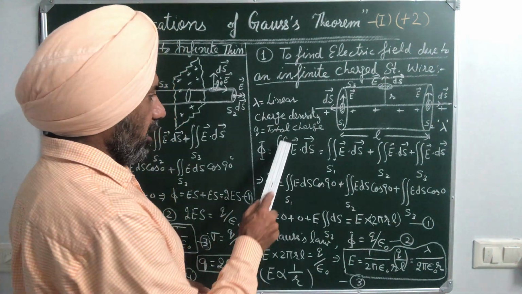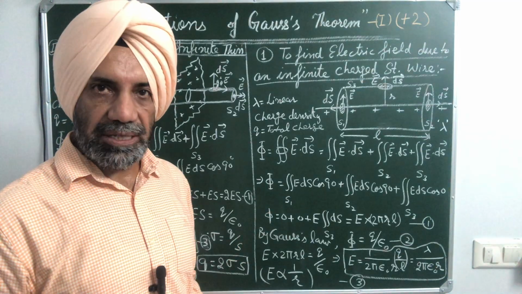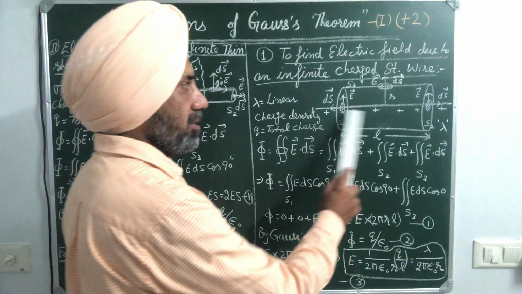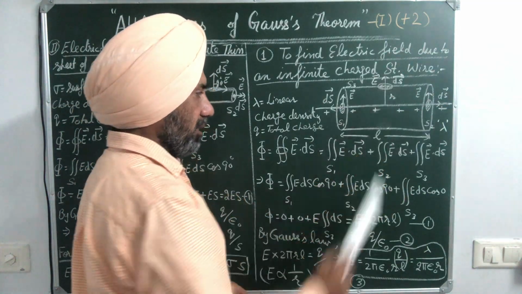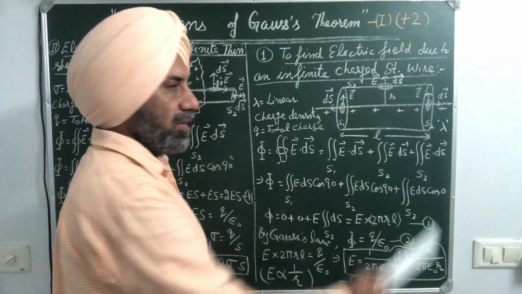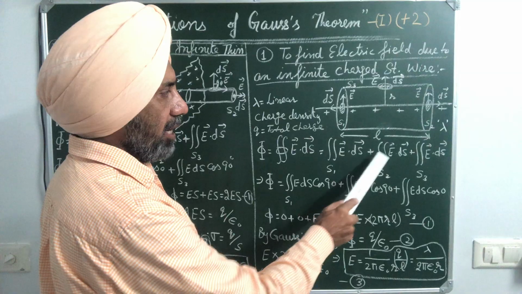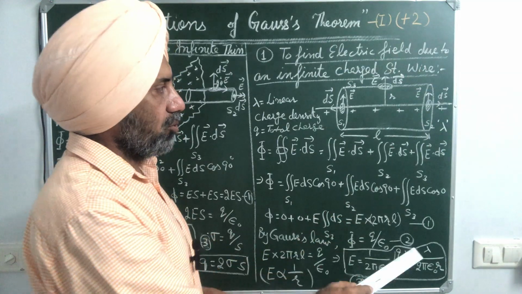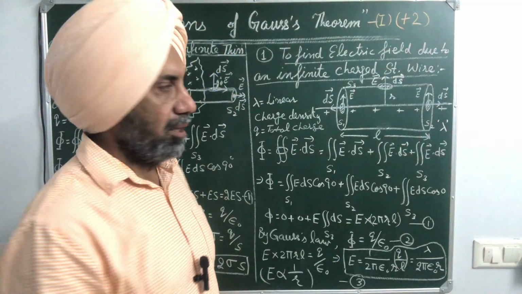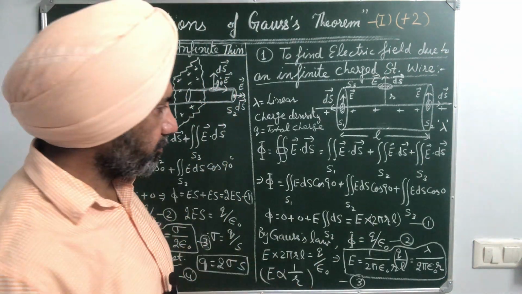By definition, it is defined as the closed surface integral of E dot ds. Now we have three separate areas S1, S2 and S3, so we can separate this closed surface integral into three surface integrals: the surface integral over S1 of E dot ds, plus the surface integral over S2 of E dot ds, plus the surface integral over S3 of E dot ds, because electric flux is always added.